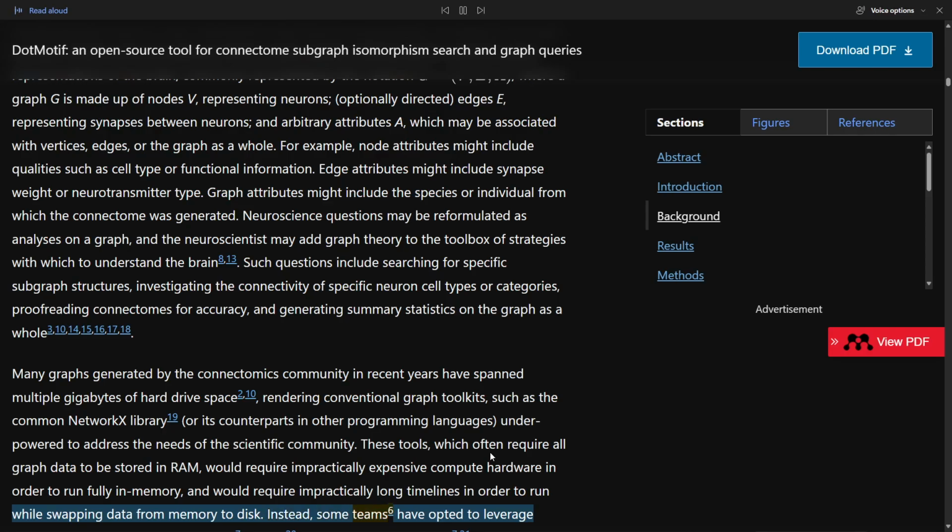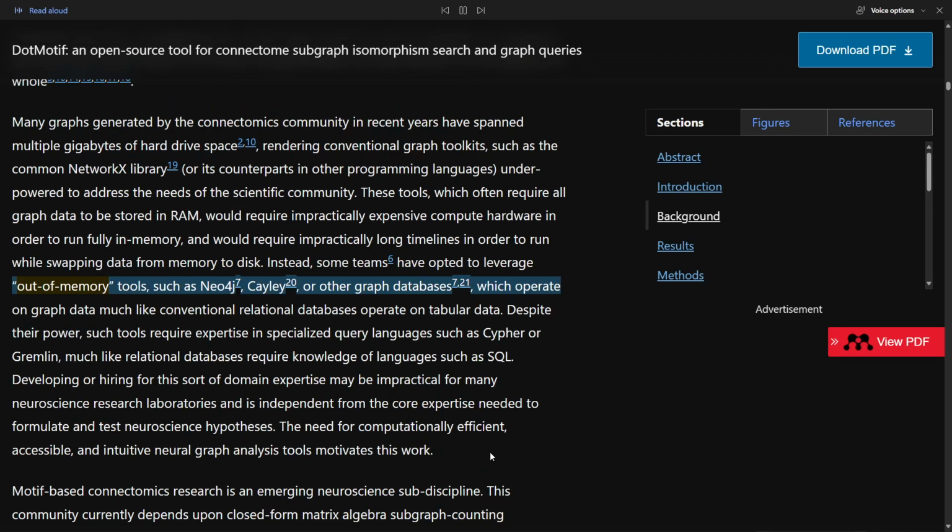Instead, some teams have opted to leverage out-of-memory tools such as Neo4j 7, Cayley 20, or other graph databases 7, 21, which operate on graph data, much like conventional relational databases operate on tabular data. Despite their power, such tools require expertise in specialized query languages such as Cypher or Gremlin, much like relational databases require knowledge of languages such as SQL.